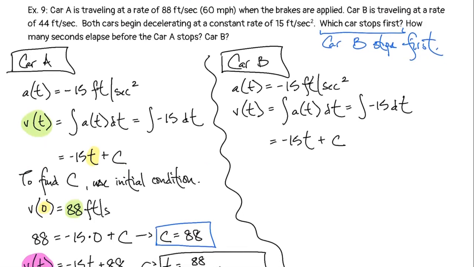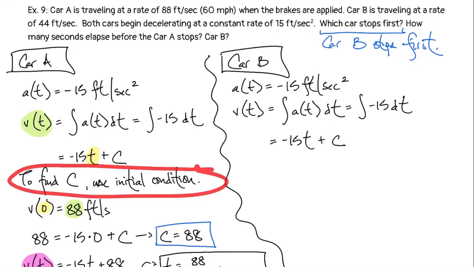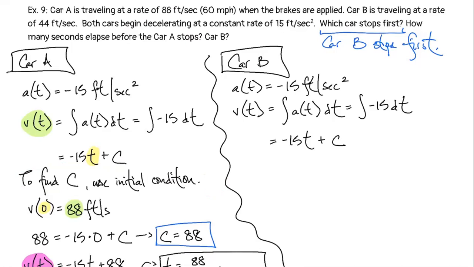Now let's look at what we did next. We found C using the initial condition. What is our initial condition? Same or different?